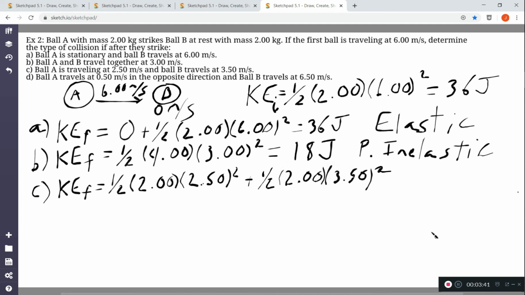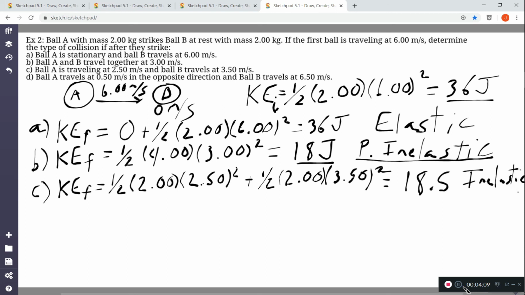Let's work that out and see what we get here, and we end up with 18.5. Given that we called the last one perfectly inelastic, and notice that this kinetic energy is between what we started with and our perfectly inelastic situation, I'm just going to call this one inelastic, not perfectly inelastic, because they didn't end up at the same velocity.